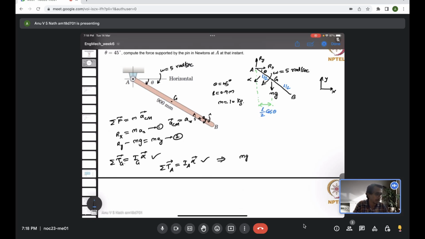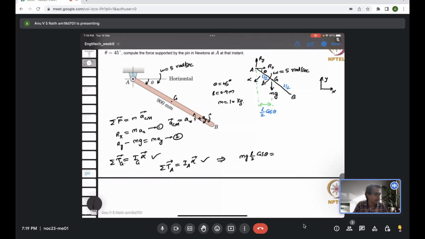So that is the distance of the point G, the center of mass, from point A. So it's mg times L by 2 cos theta, which is the clockwise moment created by the weight mg, and this is the only moment acting if I take the moment about point A, and this should be equal to IA. IA is the moment of inertia of the rod computed about point A. So assume the rod AB is rotating about point A in the plane, then what will be its moment of inertia about point A?